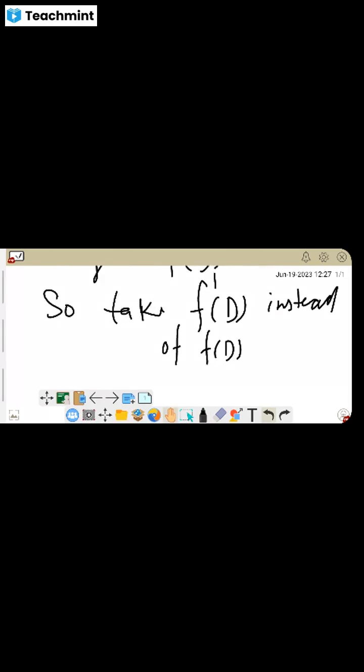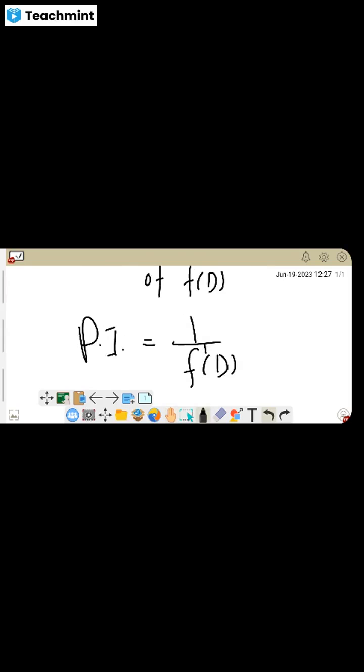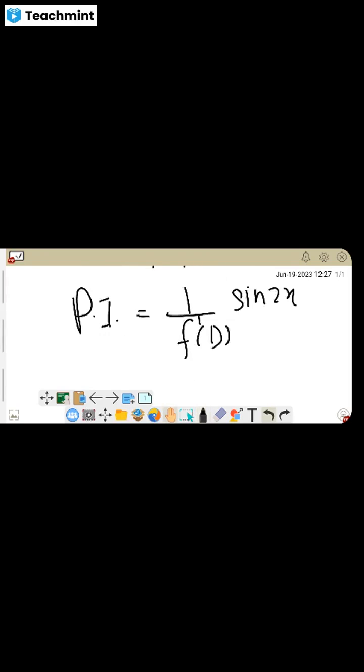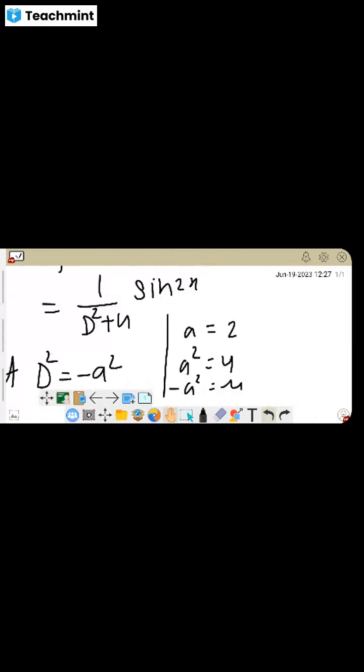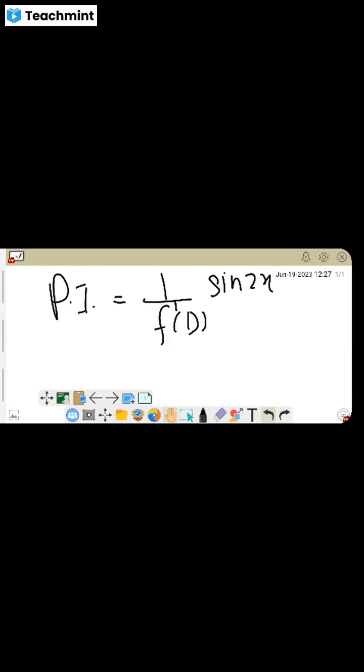Now y is equal to 1 upon f dash D of sine 2x. f dash D is the differentiation of D square plus 4, which is 2D only, because the 4 is a constant. So we have 1 upon 2D of sine 2x.